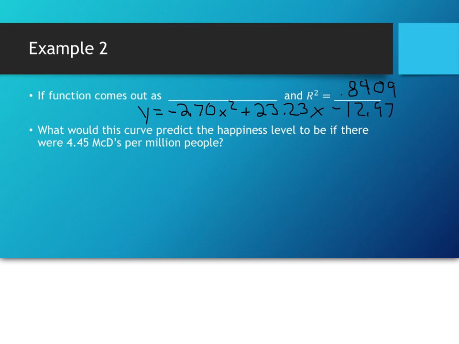So we could ask things like, where would this model predict the happiness level if there were 4.45 McDonald's per million people? So happiness level is y, x is 4.45. Go ahead and calculate that. And I know I will.